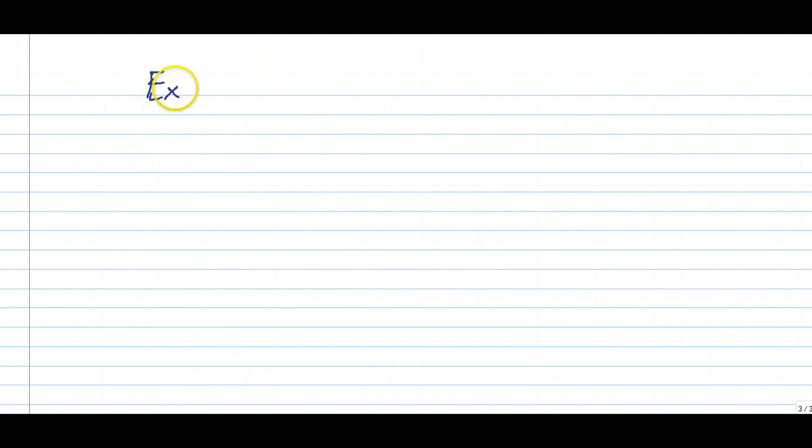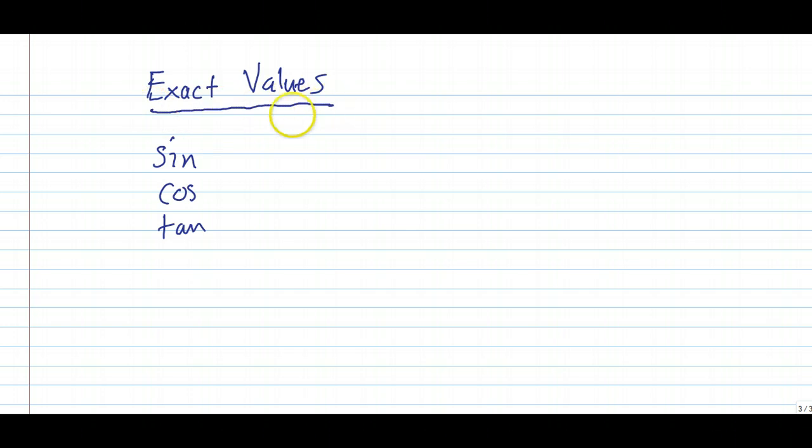Now it turns out that there are certain angles which, when we put them into sine, cos and tan, will give us exact value answers. Those angles are 30 degrees, 45 degrees and 60 degrees.